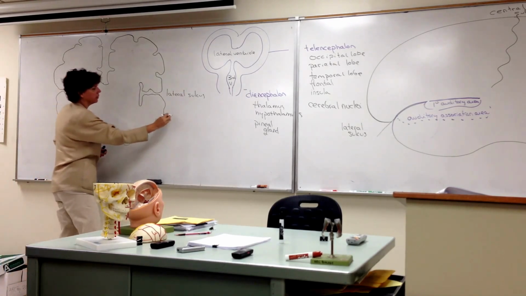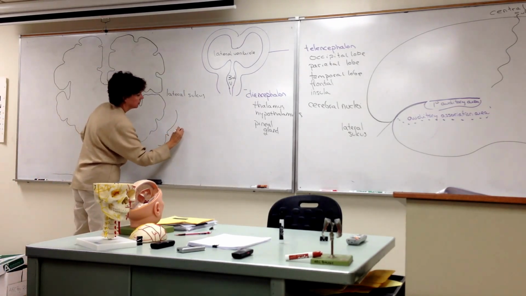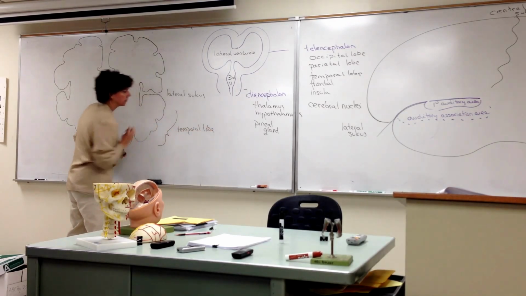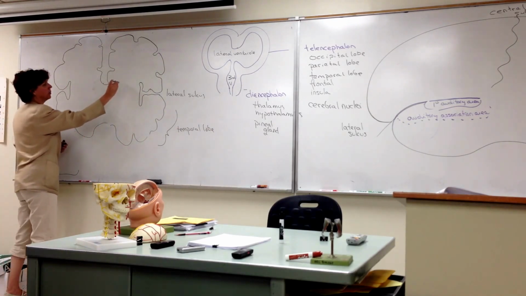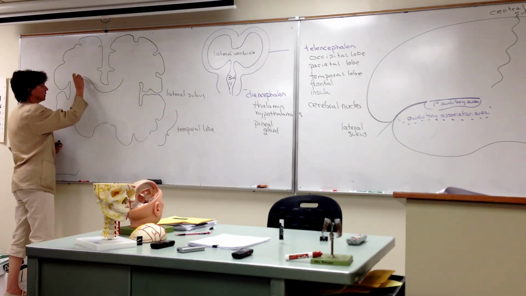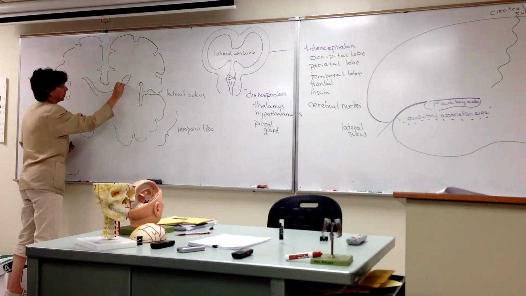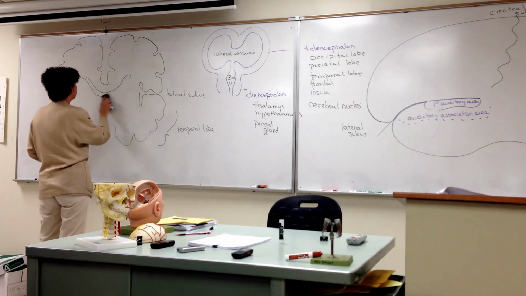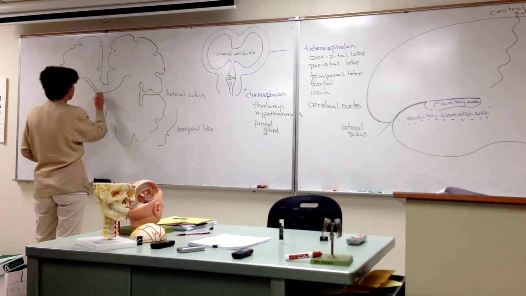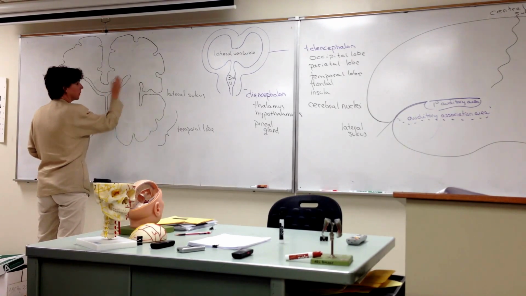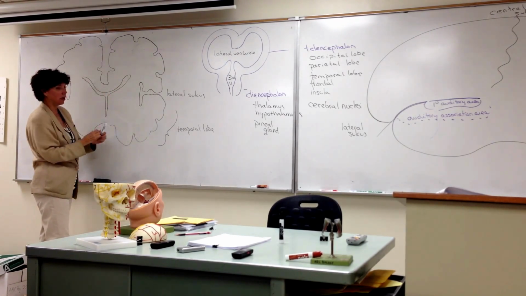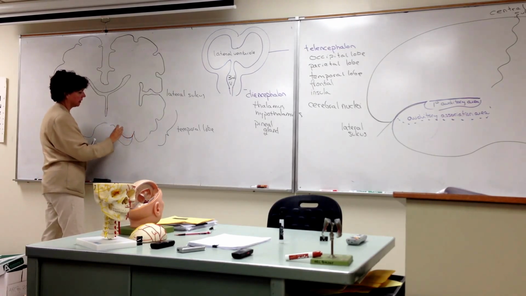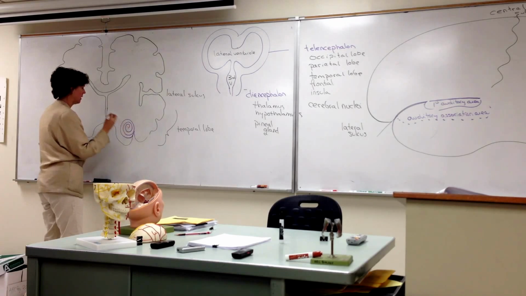So this would be temporal lobe. And I'll just go ahead and put in the lateral ventricle, and the third ventricle here. So in this region of the temporal lobe, the gray matter is kind of coiled in a tight coil like this.